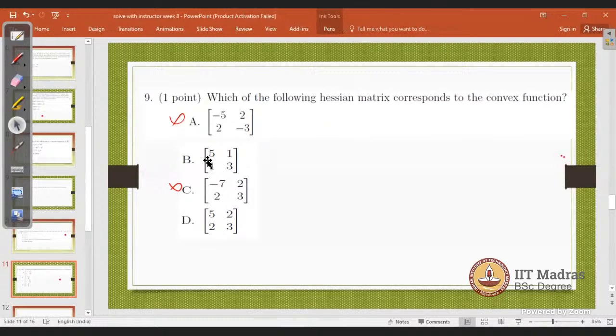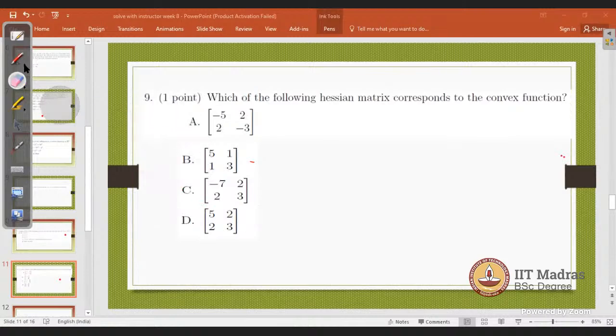In B and D, we are seeing that A is greater than 0. We will cross check it by seeing the determinant value, if it is greater than or equal to 0, which is true for options B and D. So these two answers will be the correct ones. Here this one and this one is right.